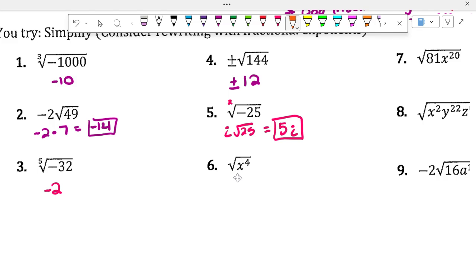Remember when we did this like 2 days ago? How do I convert from a radical to a fractional exponent? You guys have this thing called notes. Look at them. How do I change from a radical to a fractional exponent?